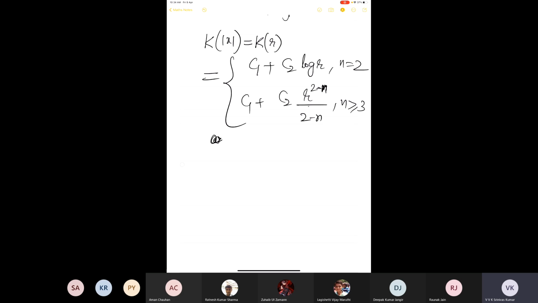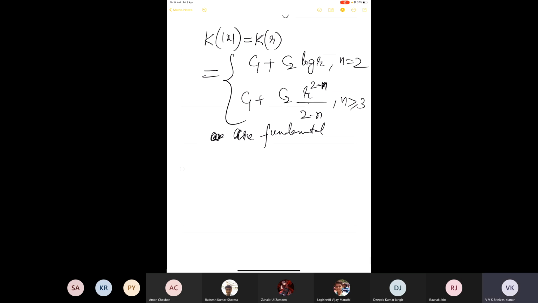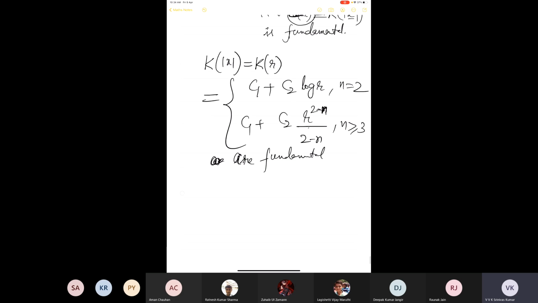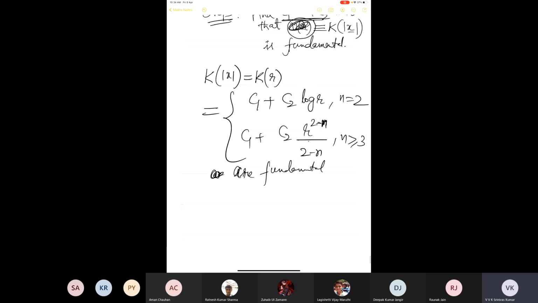R is fundamental because these are fundamental solutions. No. Find C1 and C2 such that they are fundamental.